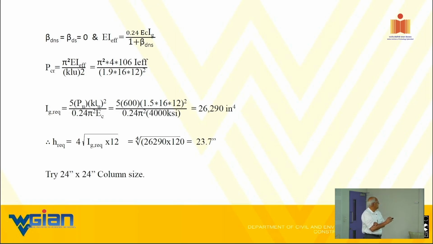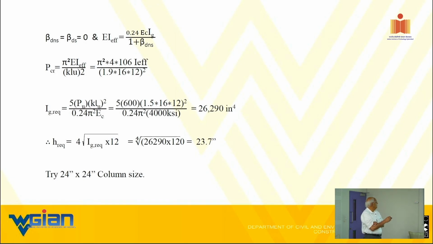So this is the effective value defined by the code. P critical is pi square EI over K L square, or L effective square. So pi square times 4, 10 to the power 6, K effective is, we're saying, 1.5 or 1.9.